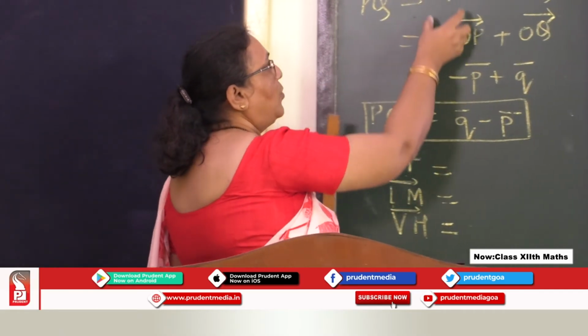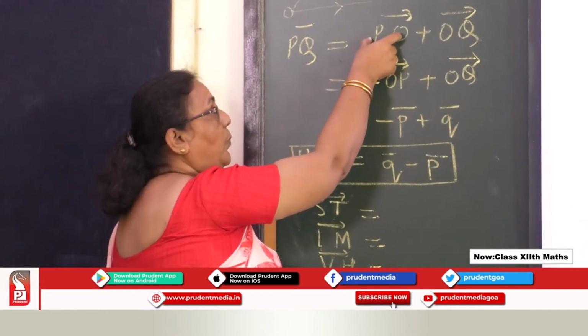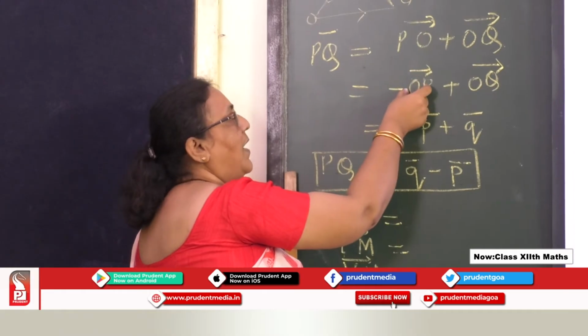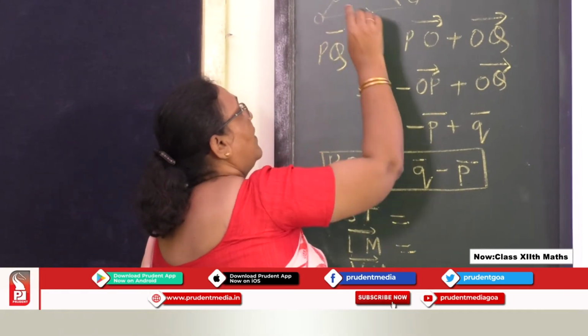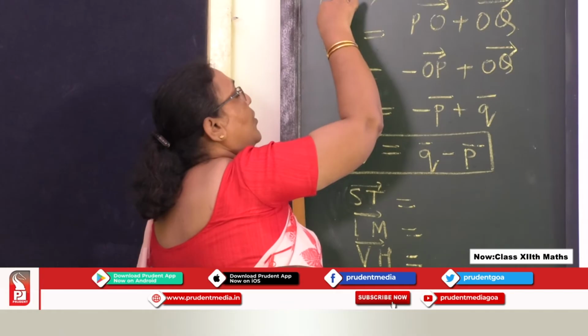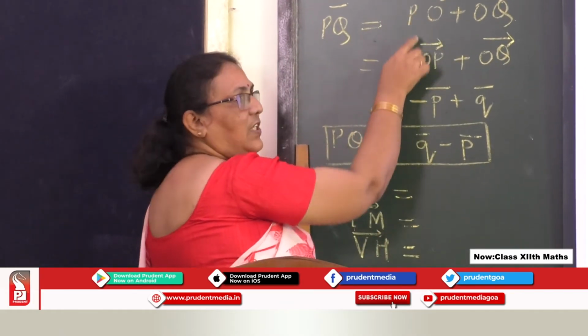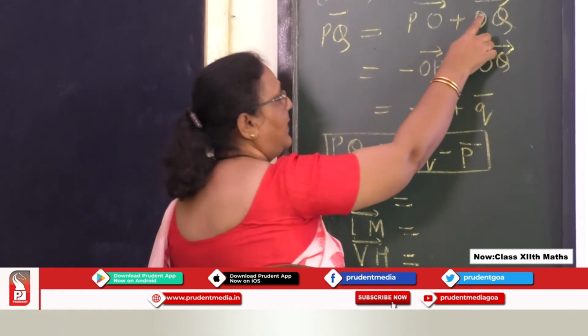Now, if I want to write O to P the other way around, I have to change the sign. The negative of a vector has the same magnitude; I want to change the direction from P to O, so I will get a minus. When I change this, I have to write a minus sign, and this is the same.